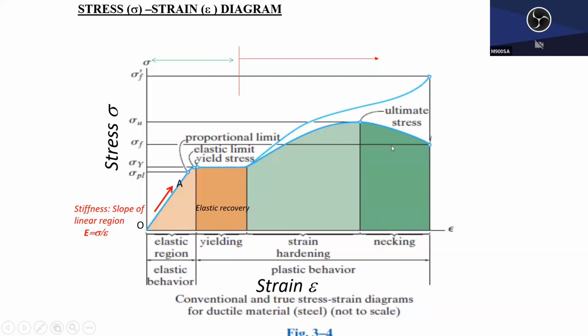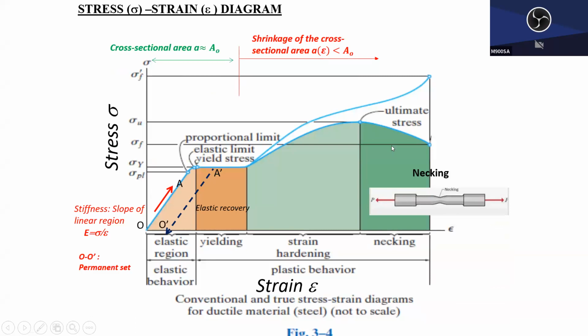If this is steeper, it is a harder or stiffer material, right? So that's it. We do this because most of the time we are only focusing on this linear part, this slope that is called the stiffness. Good? By comparing the stiffness, you can tell whether the material is stiff or soft.